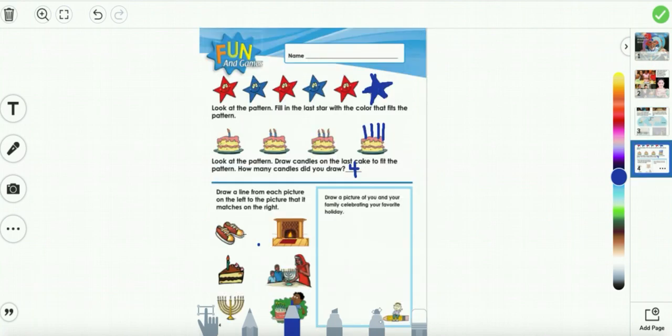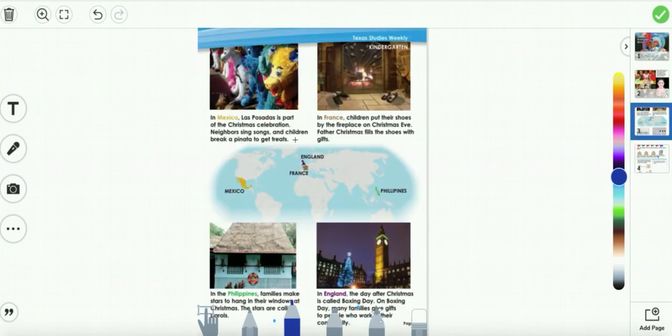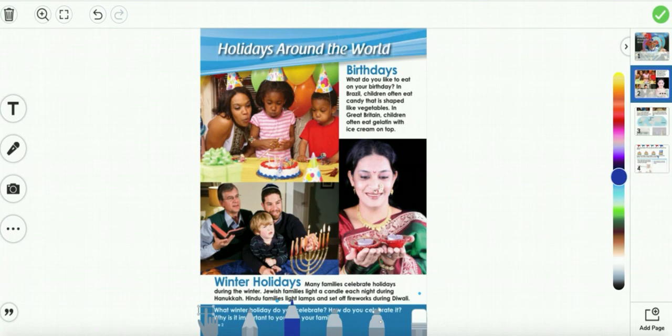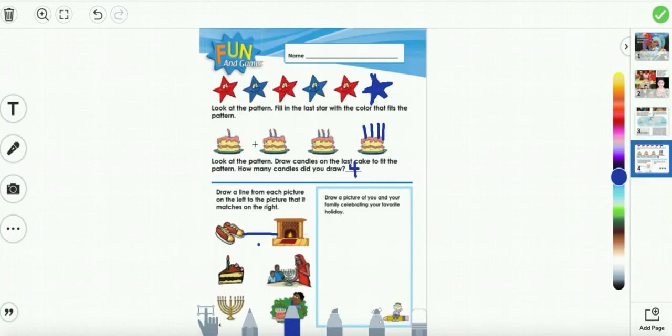So we're going to go ahead and draw a line from the shoes to the fireplace. And then it says, here's a piece of cake. We know that the cake is often eaten during birthdays. So we're going to find the picture that matches the cake with the birthday. And here we have a picture, and we can see they both match. So we're going to go ahead and draw a line.